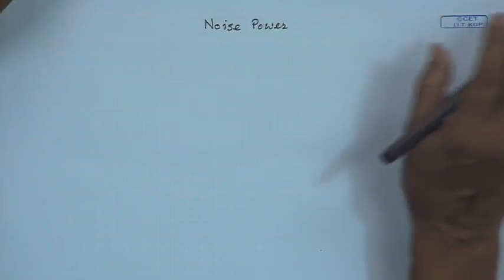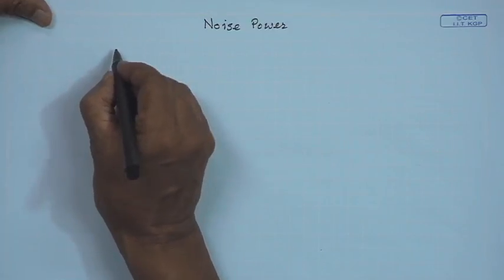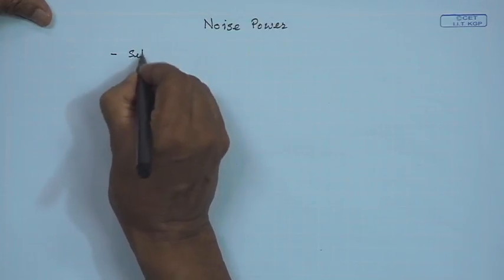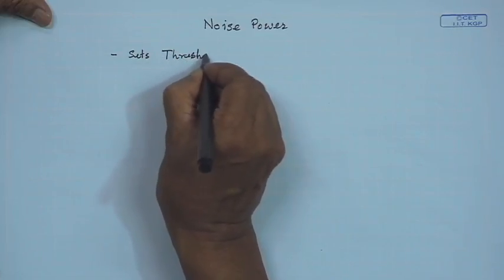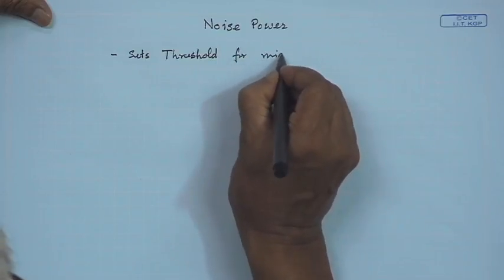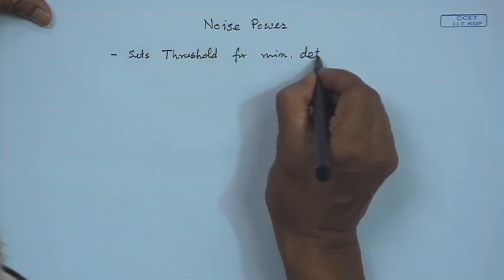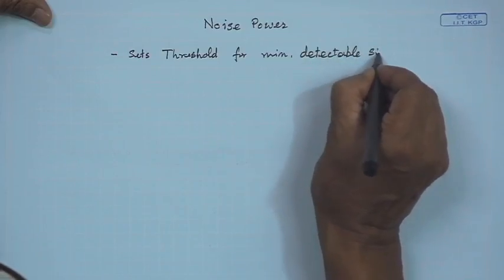Just now what we covered is the signal part of the power. Now, we will go into the noise part of the power. This is very important. This noise power is quite critical, and actually it sets the threshold for the minimum detectable signal.